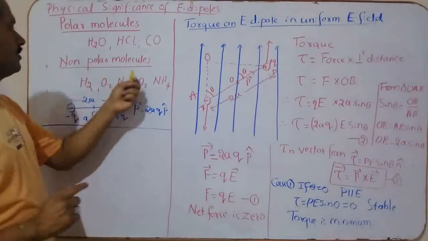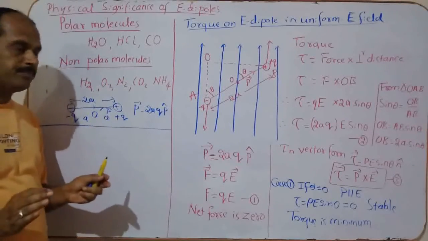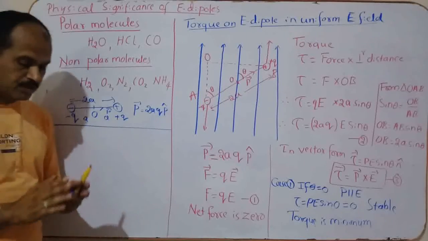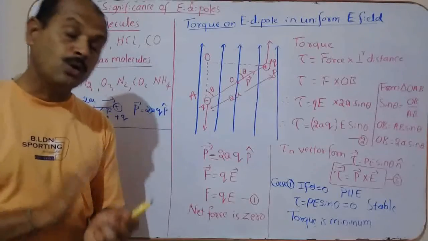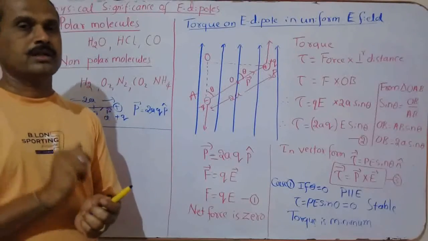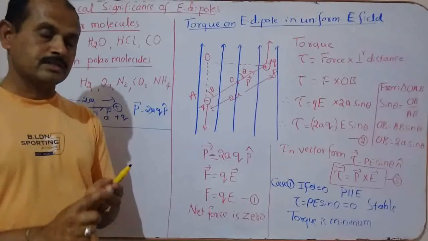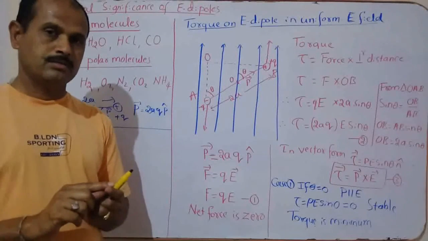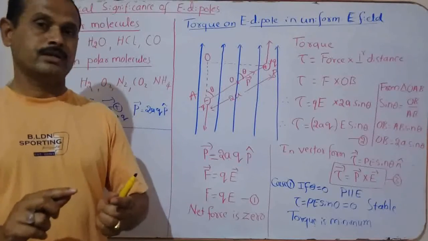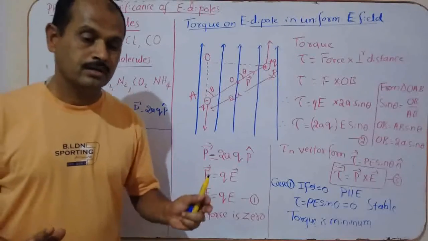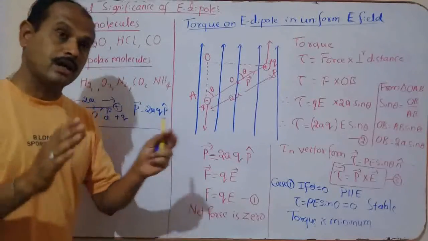Non-polar molecules: in a few molecules of the medium, the center of the positive charge and the center of the negative charge coincide. Once again I repeat, the center of the positive charge and the center of the negative charge coincide. But don't say positive charge and negative charge coincide; you should not say it that way.